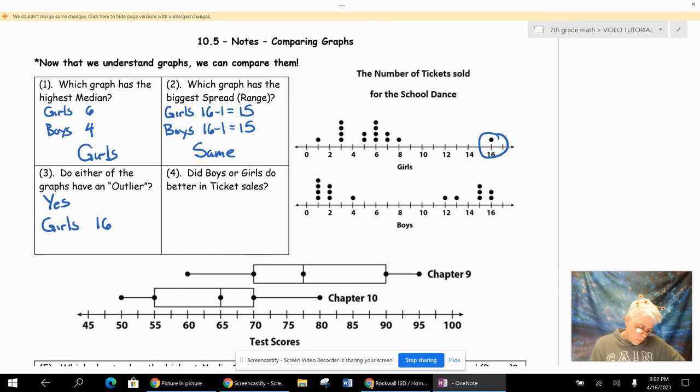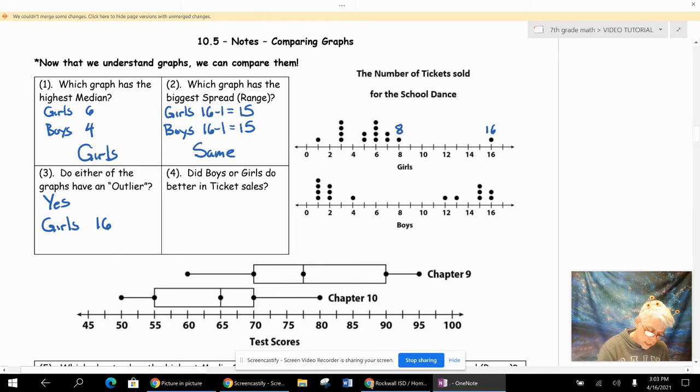Okay, then it says, did boys or girls do better in ticket sales? So again, if I add these up, I can't just add up the dots. I have to add up the number for each dot. So this dot here represents 16. This dot represents 8.